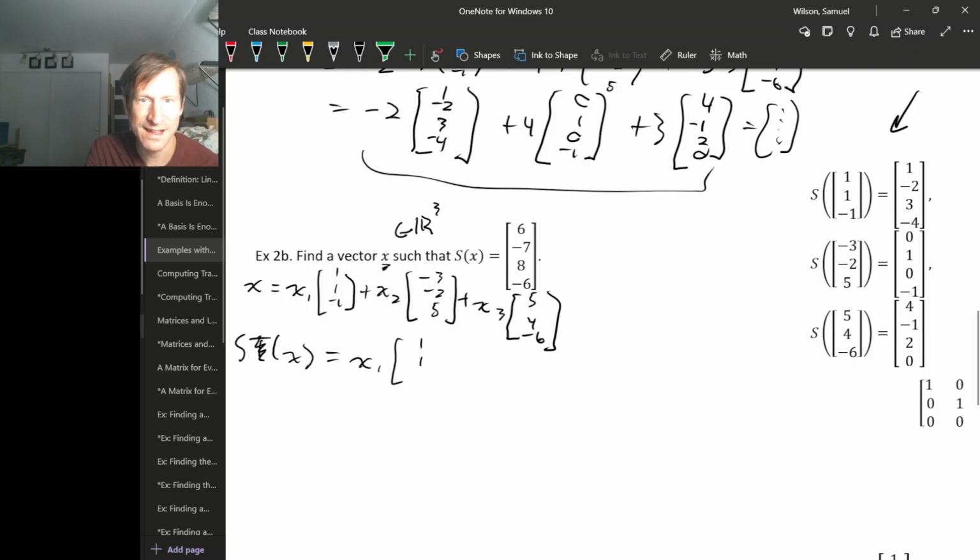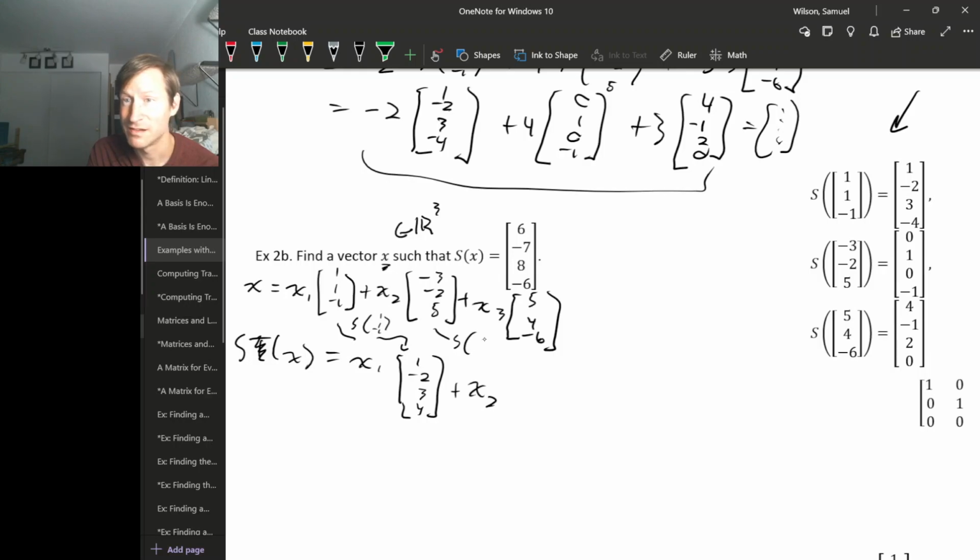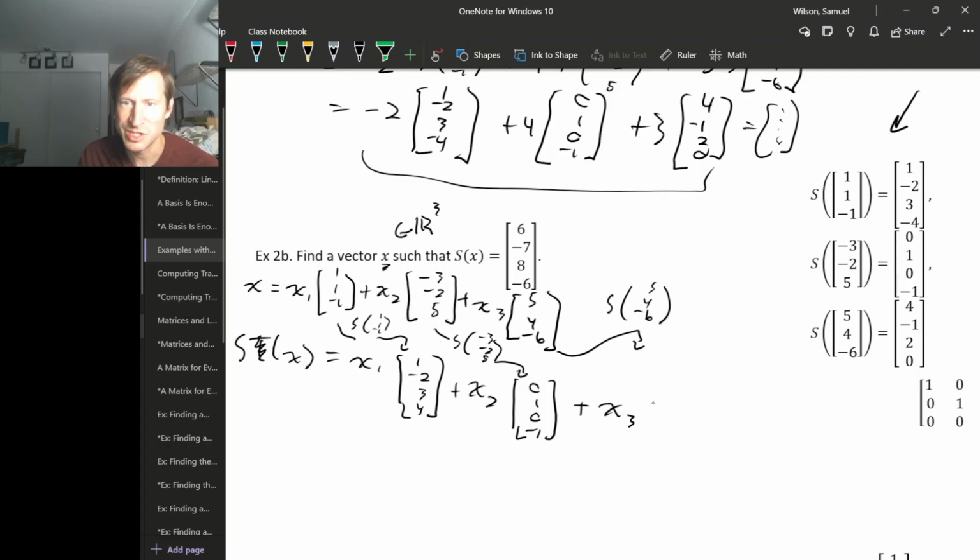We get x1 times S of 1, 1, -1, which is over here 1, -2, 3, 4, plus x2 times S of -3, -2, 5, which is 0, 1, 0, -1, plus x3 times S of 5, 4, -6, which is 4, -1, 2, 0.